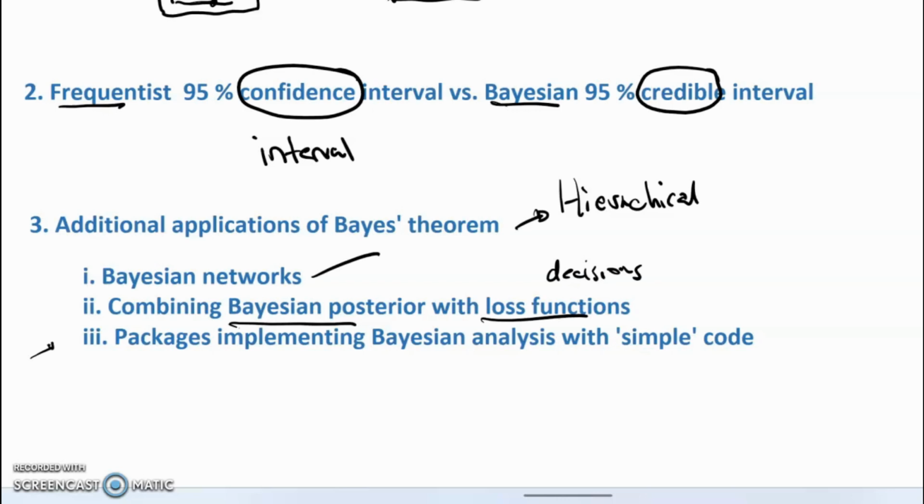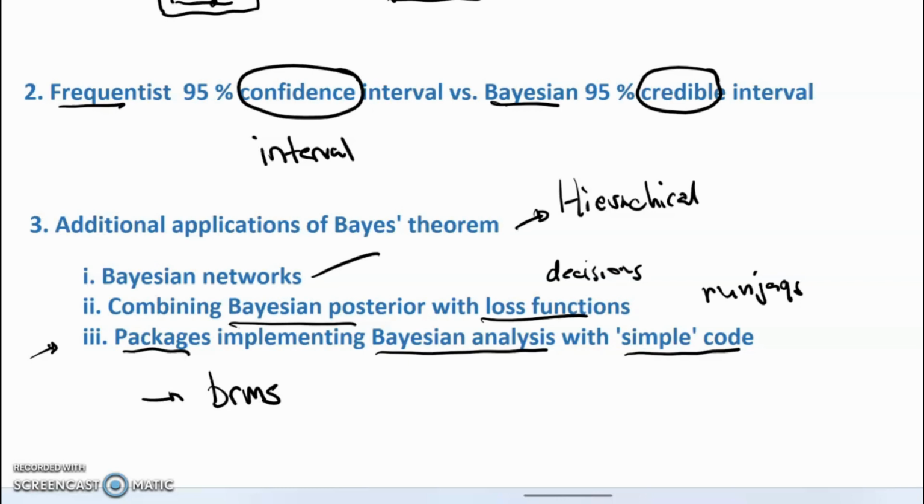And then there's this third one, and this third one is actually of some practical importance because increasingly there are packages becoming available in R that do Bayesian analysis running in the background, but they do so with far simpler code than is involved with runjags. And the particular package we're going to look at is one that's called BRMS.